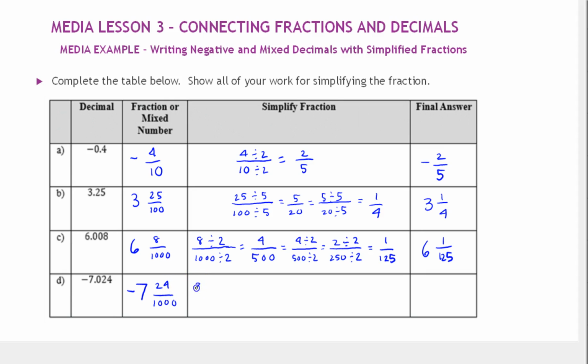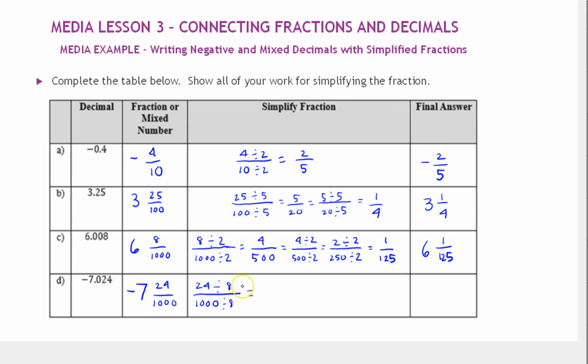Since last time we saw that 1,000 was divisible by 3 factors of 2, which is 8, and this is 2, I'm going to divide by 8. Okay. And you could do the process of dividing by 2 a bunch of times, that's fine.